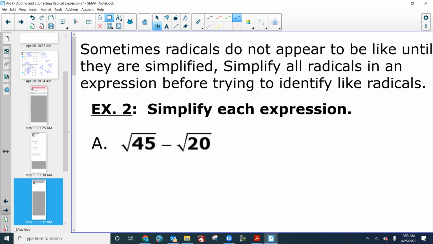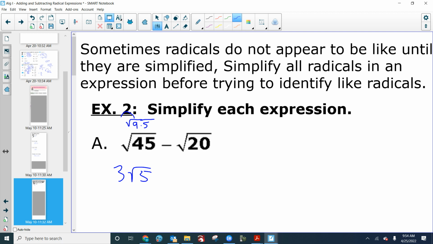But we got to make sure they're simplified. Just for sake of time, this is what we've been doing, right? I'm just going to do perfect squares. Isn't 45 9 times 5? What's the square root of 9? So this simplifies to this.